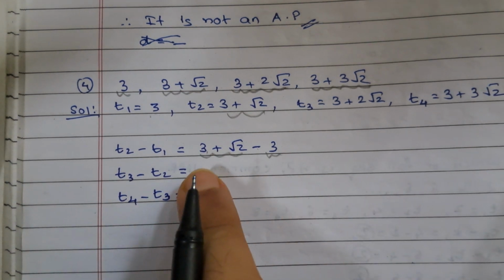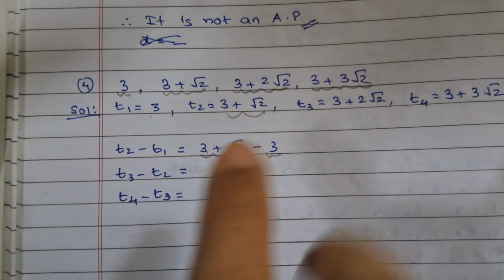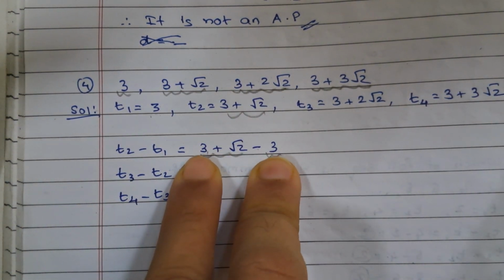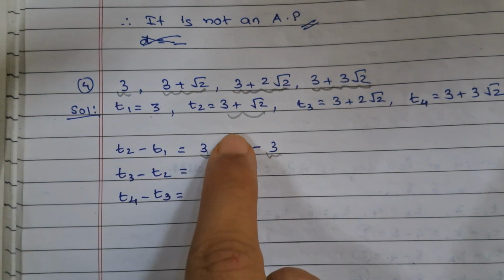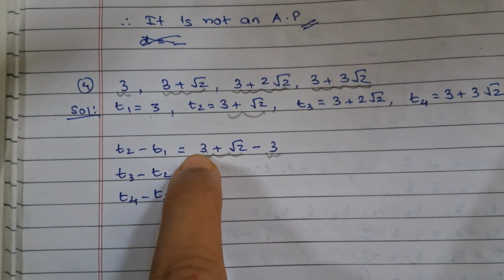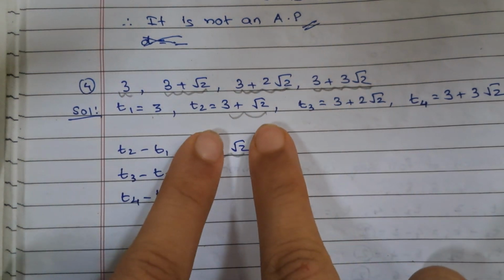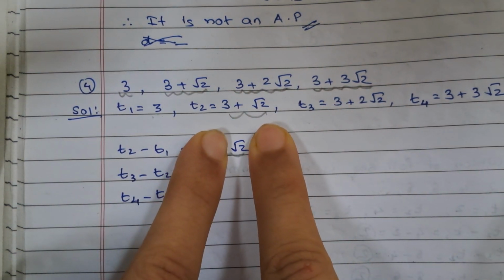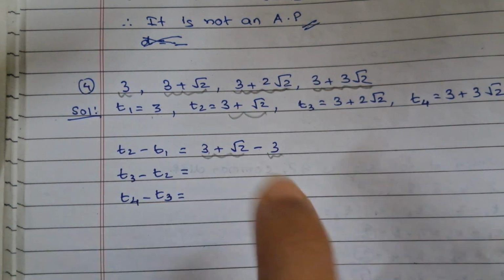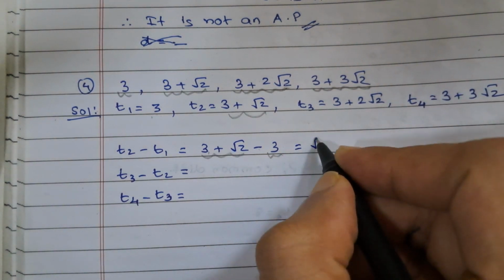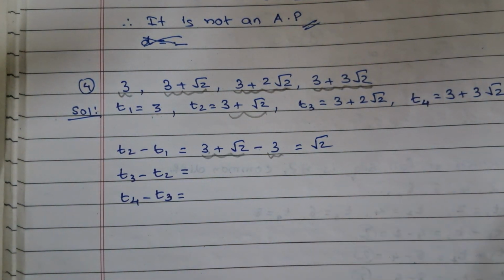So if you look at this entire line, you see a 3 over here, you see a 3 over here. So just ignore this root 2 for the time being. Just look at this, 3 minus 3. What is it? 0, isn't it? 0 means this will get cancelled off. So what's left with you? Just root 2. So the answer is root 2. It was that simple, right?